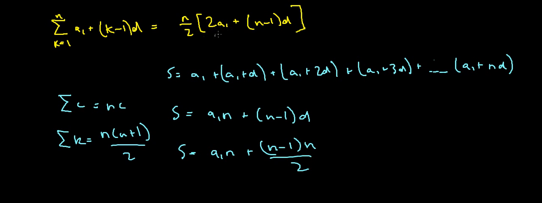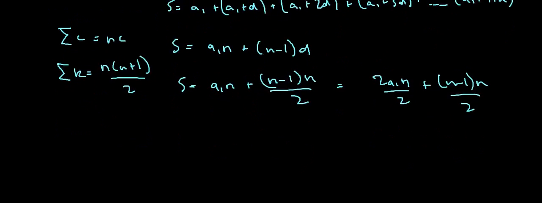And then what they did for this is just put this over the 2, so they just multiply top and bottom by 2. So I can write these over the same fraction.